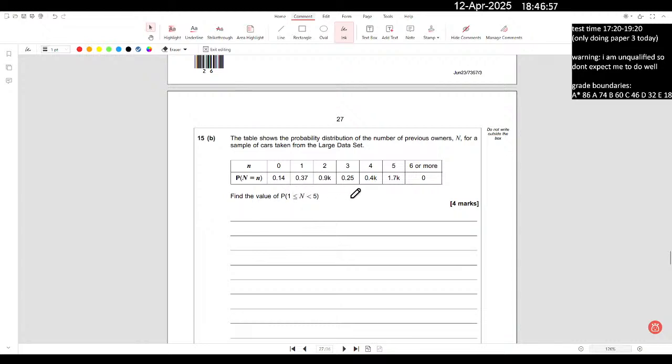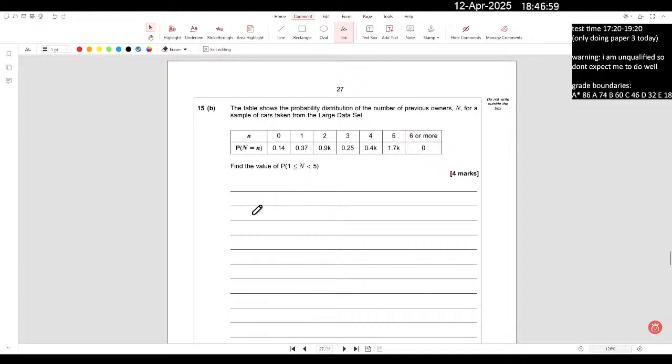So 0.14 plus 0.37 plus 0.9k plus 0.25 plus 0.4k plus 1.7k equals 1. There's a bunch of k's and there's a bunch of actual numbers.